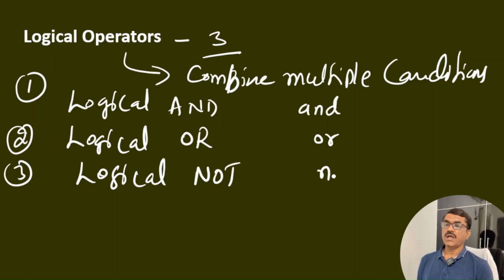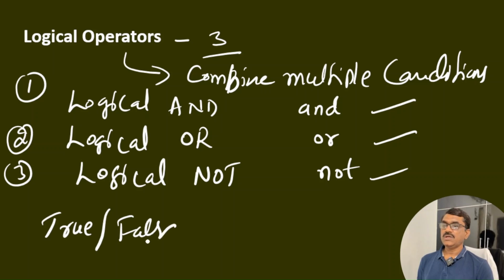It is read as logical NOT. It is written as not. First one AND, second one OR, third one NOT. These are the 3 logical operators. After performing the logical operators, the result again is either true or false. But these operators will operate on multiple conditions, right? That we will see with an example.